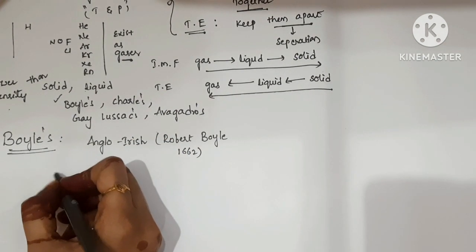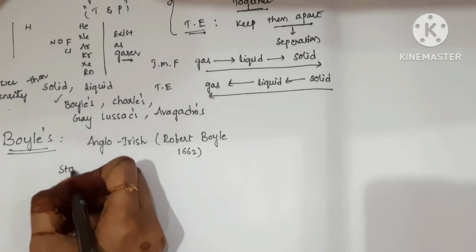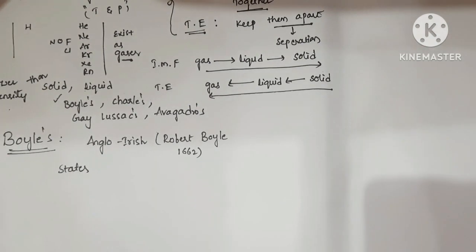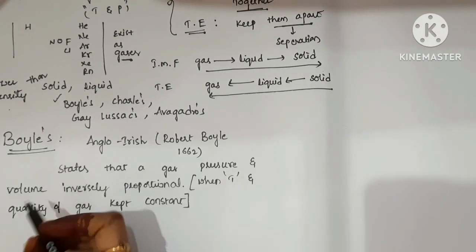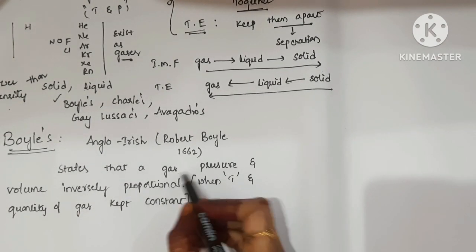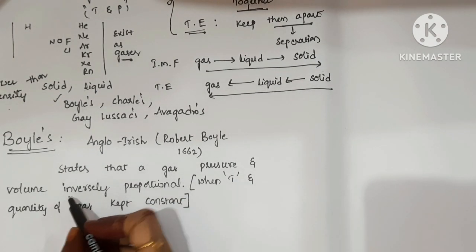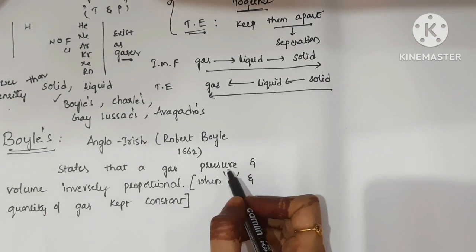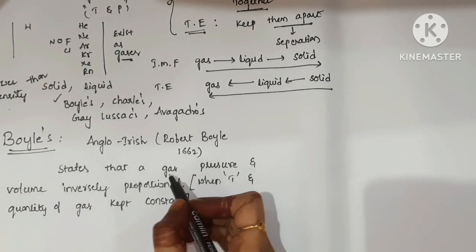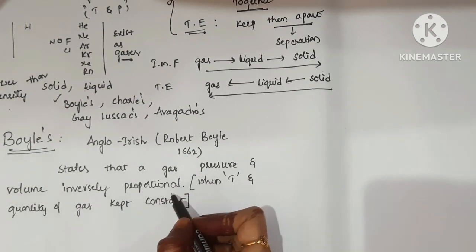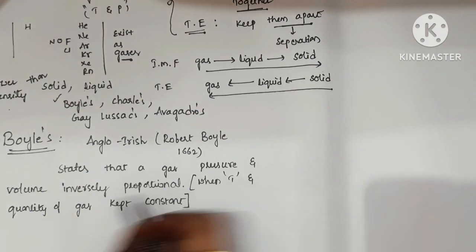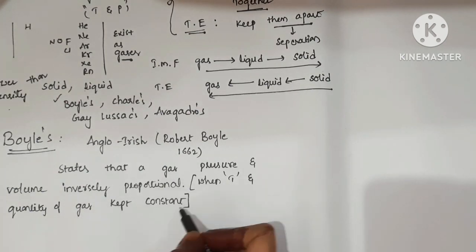This law states that a gas's pressure and volume are inversely proportional when temperature and quantity of gas are kept constant.